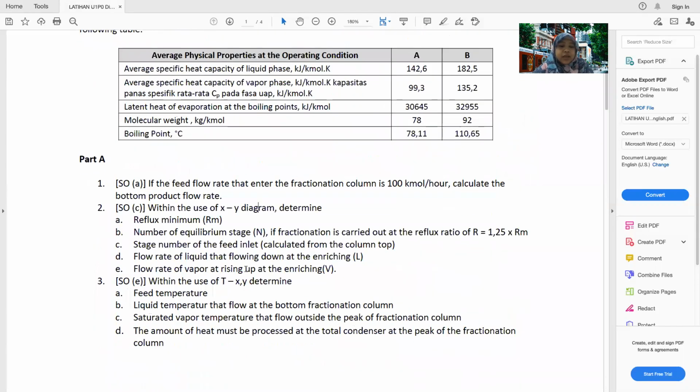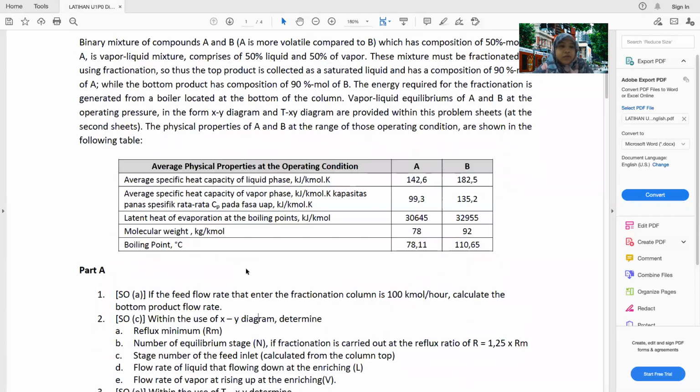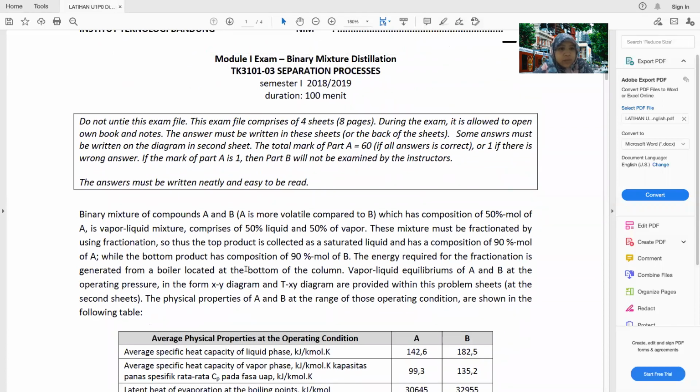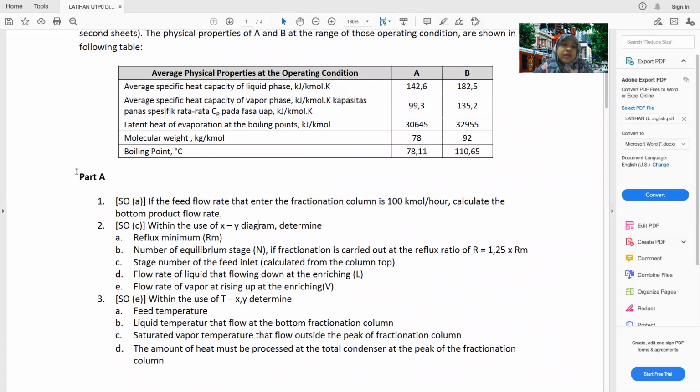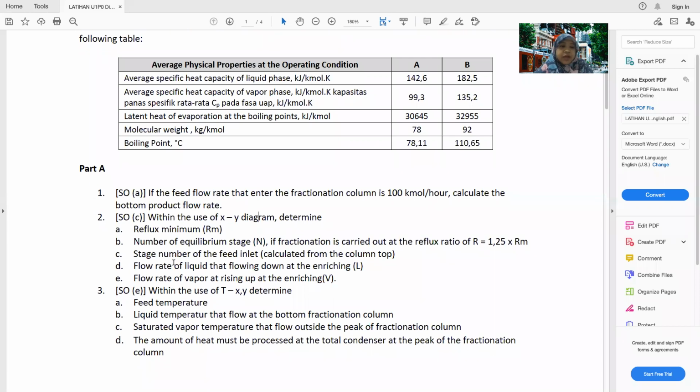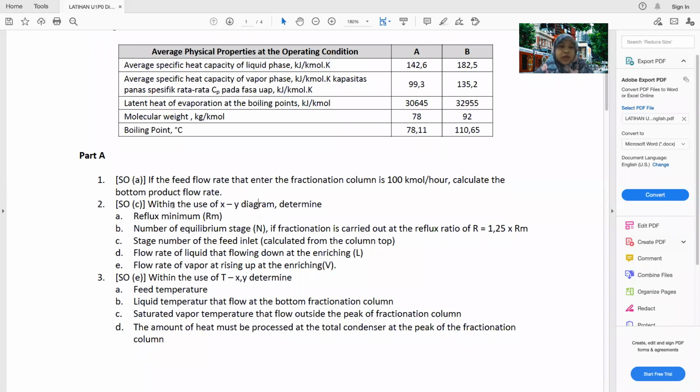For part A, there are sub-questions of the problem. For example, the first one is to determine the feed flow rate or the bottom flow rate and so on. This is really step by step.